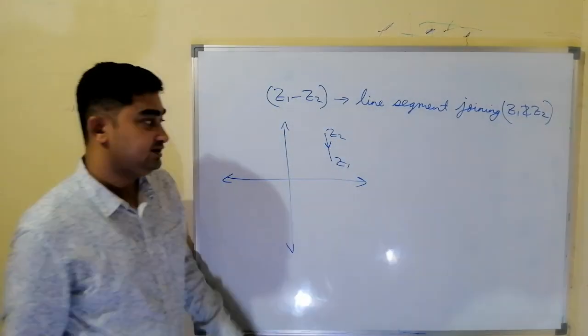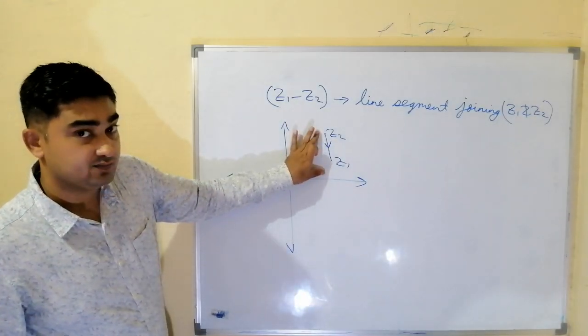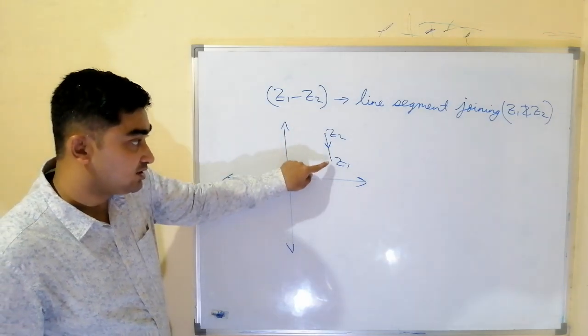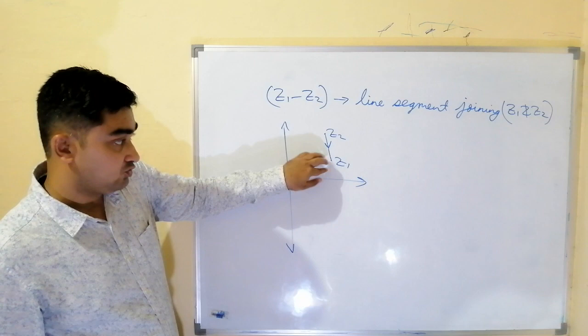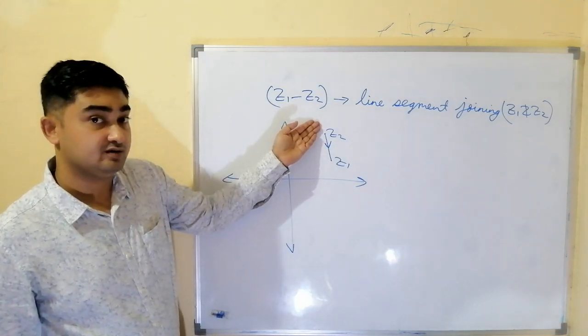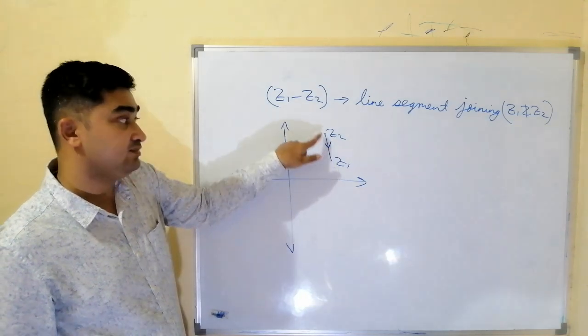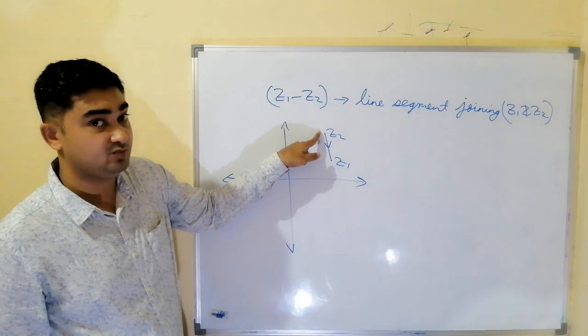Z1 minus Z2 means from Z2 we are going to Z1. So what we have to do, from the final destination we have to subtract the initial point. So it is Z1 minus Z2, in this direction. Final point minus initial point.